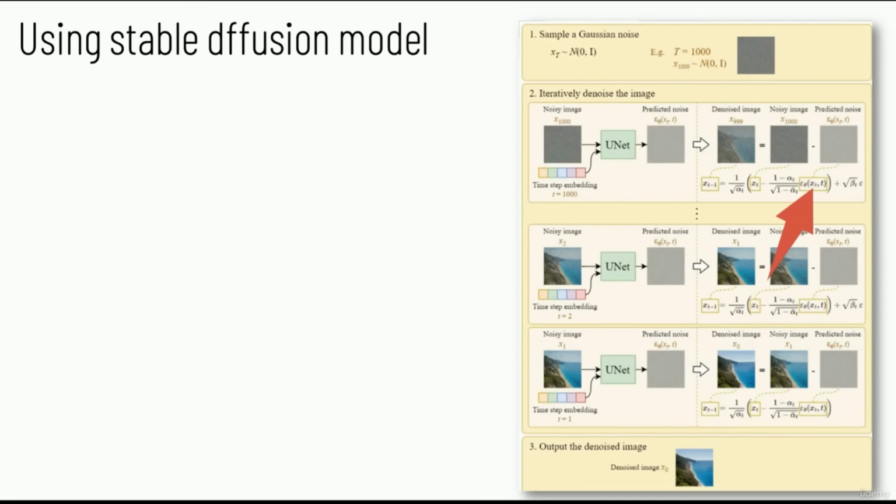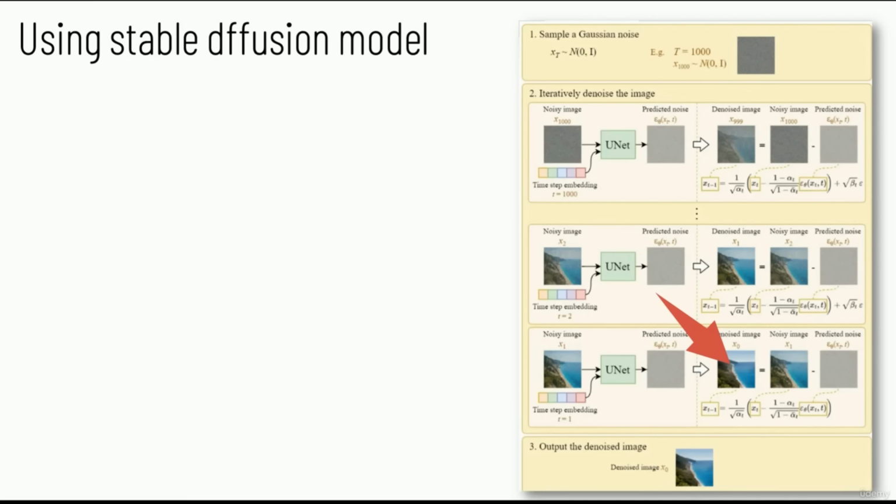We will put the predicted noise here, and here we will put our noisy image x1000, and here we will predict x999. We will use this predicted distribution to get the value of x999. We will do the same thing again and again until reaching x0, and we will get a good image.